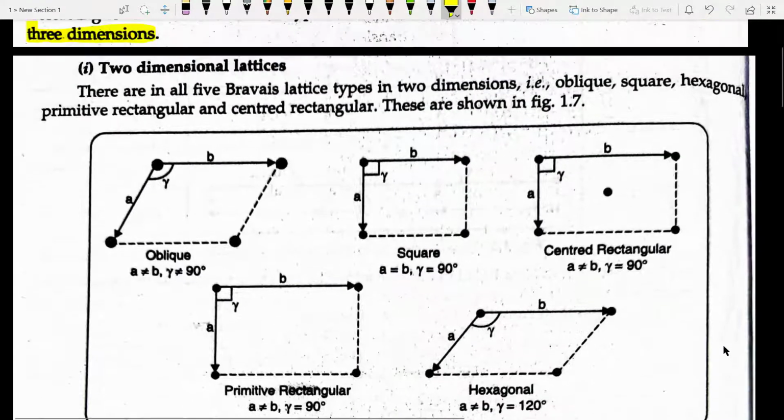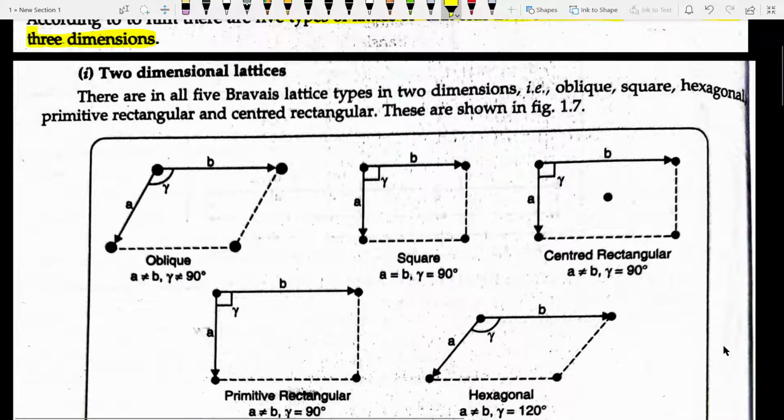So in two dimensions the five types of Bravais lattice are oblique lattice, square lattice, hexagonal, primitive rectangular and centered rectangular lattice.